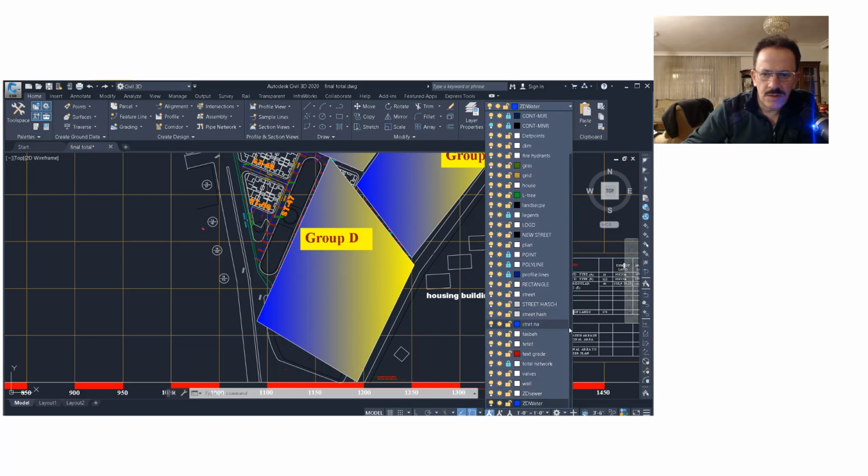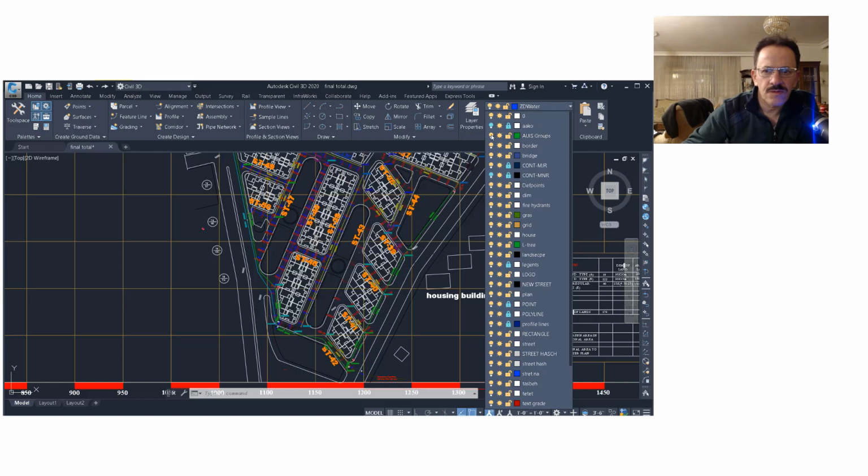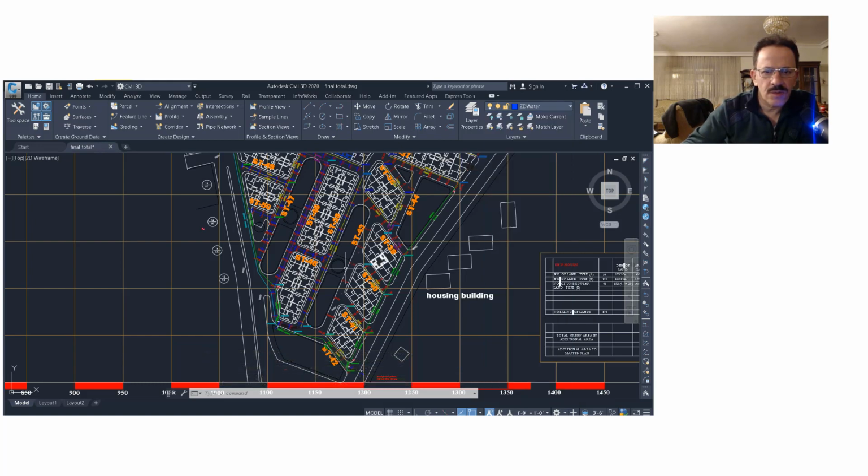I will just turn off the previous layer of the zones. Here's turn off. Now here's the border of my work.